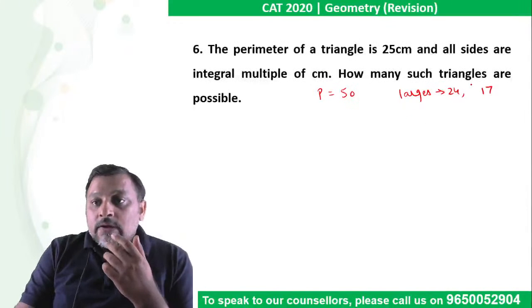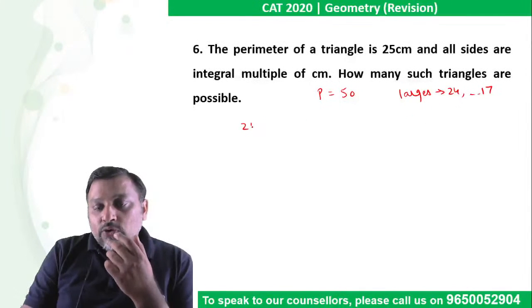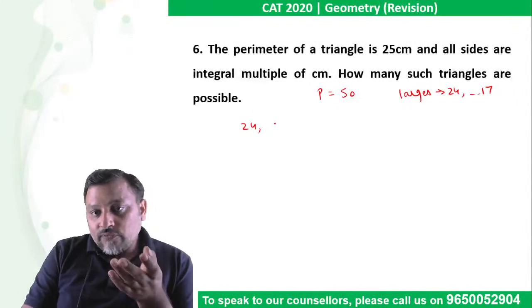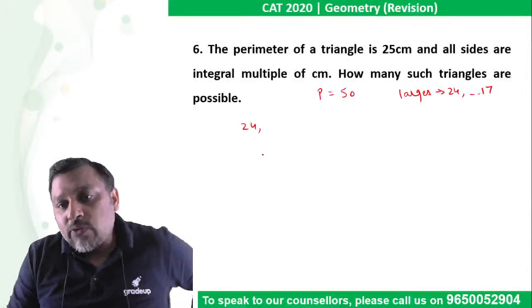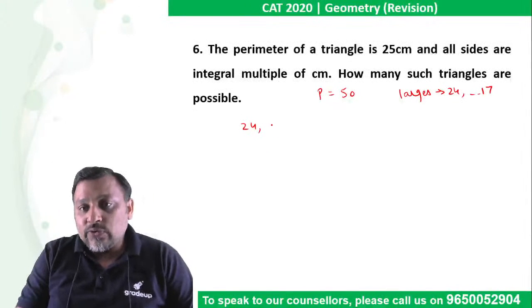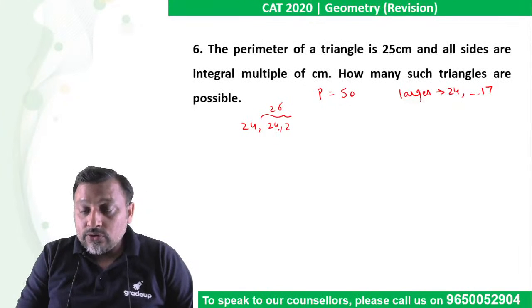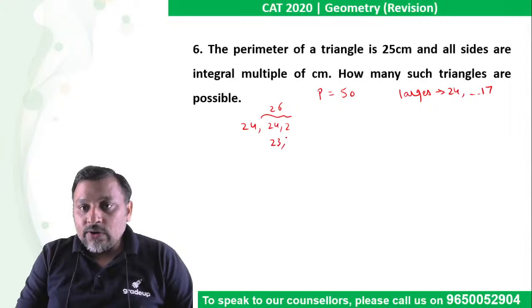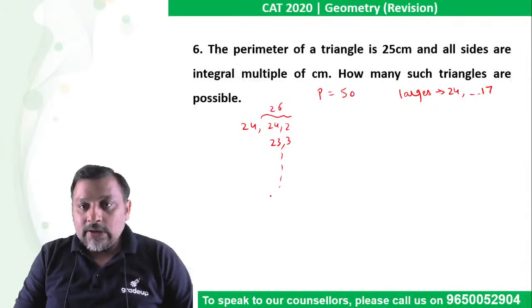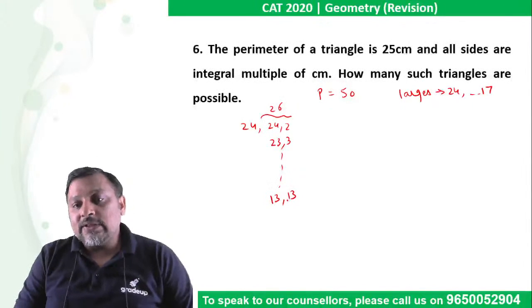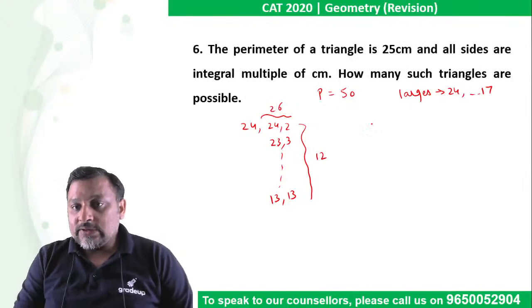So I just need to count till the case of 24. It is not required to write down and count. If one side is 24, other two need to sum to 26. That is 24, 2, 24, 23 and 3, and so on till 13 and 13. Last would be 13 and 13. So here I am getting 12 cases.